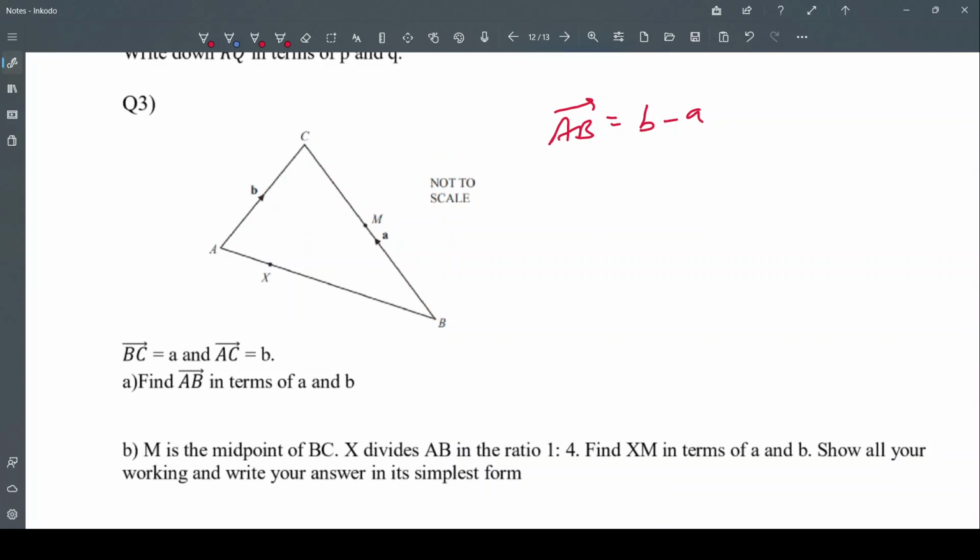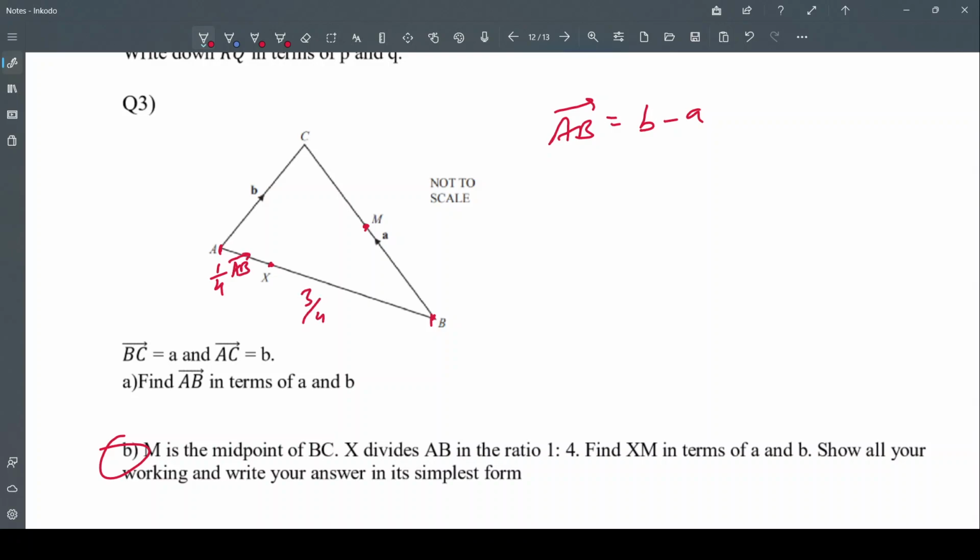So what else do we have to find out? In question number 2, that is the B part, it is given M is the midpoint of BC, X divides AB in the ratio 1:4. So this X is dividing AB in 1:4, meaning this is 1/4 of AB, correct?